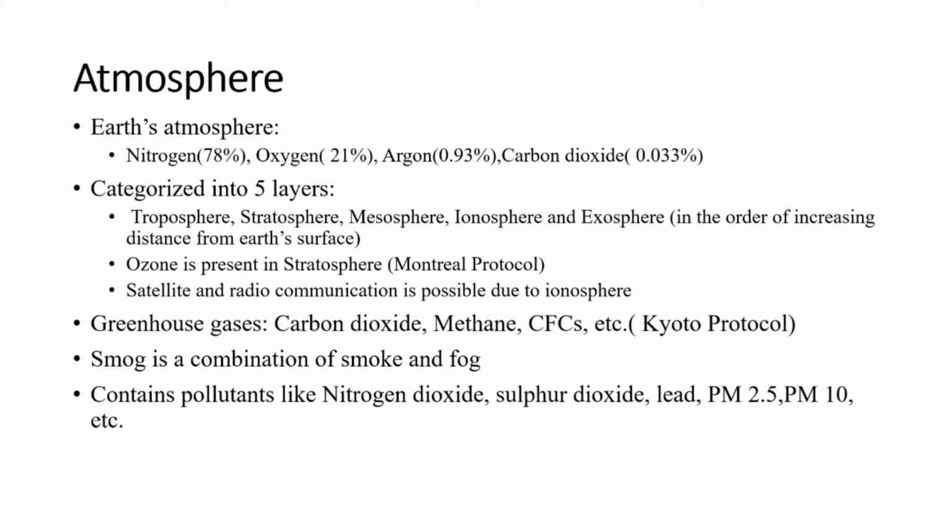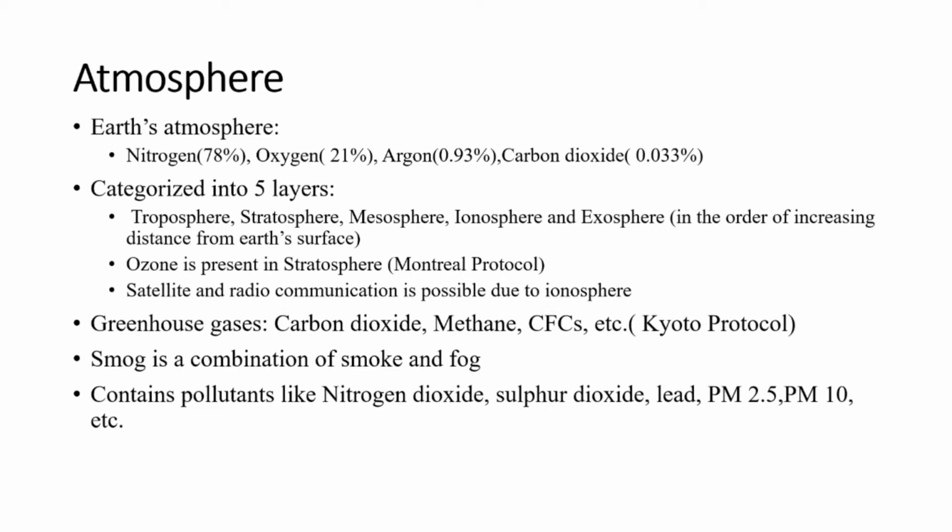It stretches about 6 to 8 km over the equator and 16 to 18 km over the poles, and it is that part of the atmosphere where temperature decreases with increase in height.